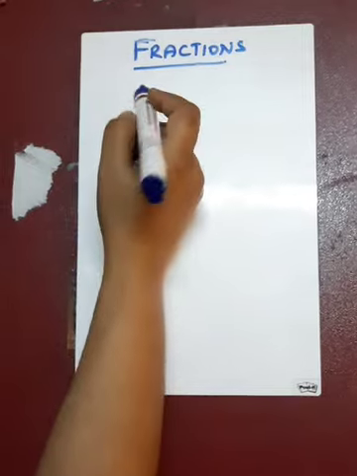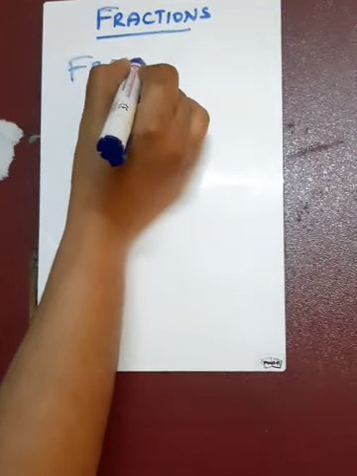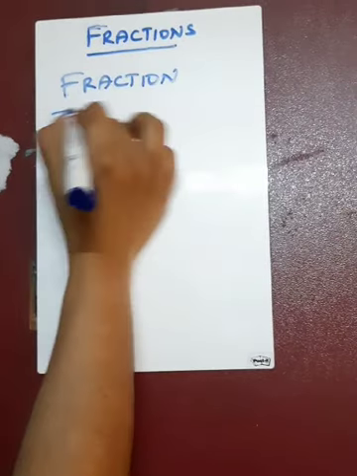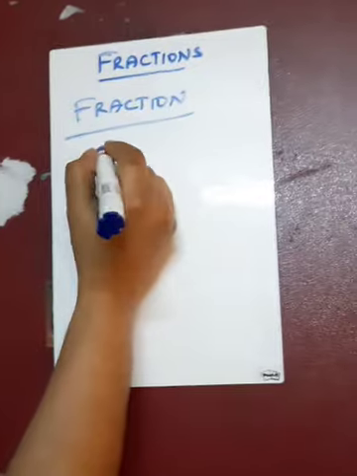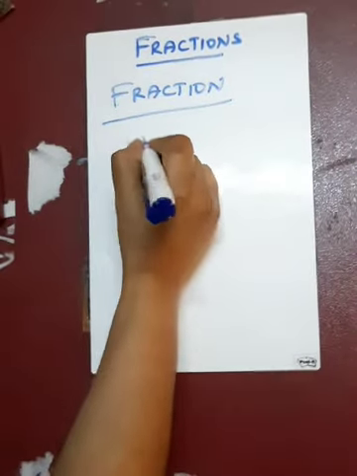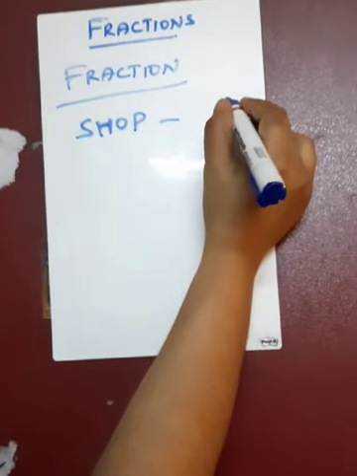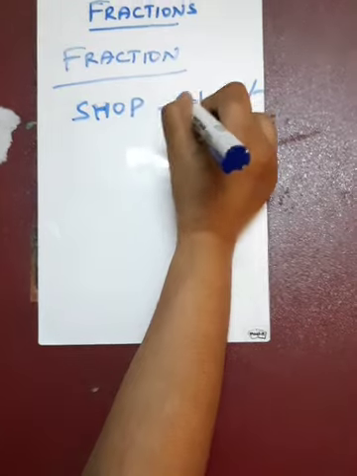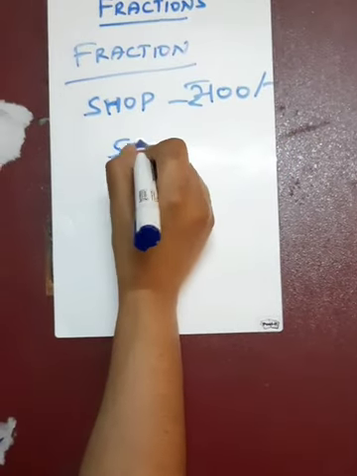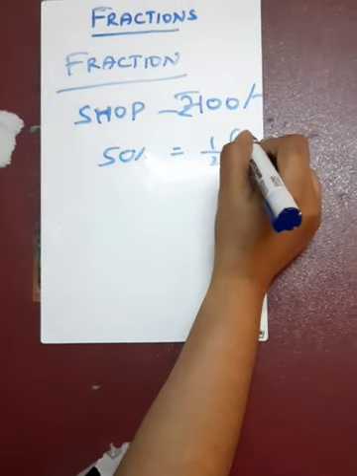Okay, so why are we going into these fraction concepts? I am giving real life examples. For example, you are going to a shop. There you will have some particular objects. Instead of 100 rupees, they will say they are giving a discount of 50%. That means half of that cost.